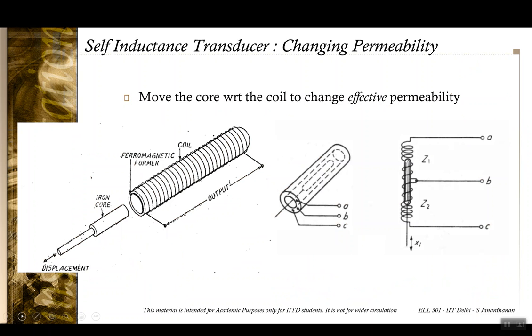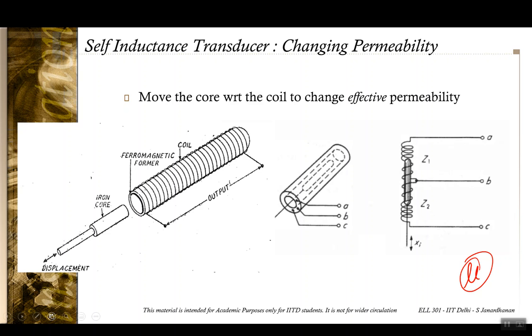Moving on, we have a third option of changing the effective permeability of the coil. If you want to change the permeability, you are changing the material of the core. Okay, but that is not really a feasible option.